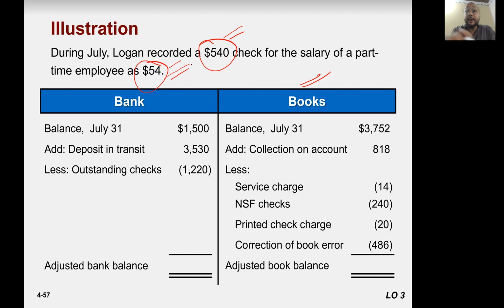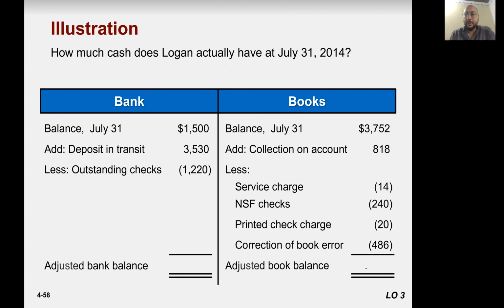So he only deducted 54 previously from the cash book. It means he further needs to deduct 486, so that the total amount is 540. That's why we are deducting it. All right, so if you add it up, the balance is 3810, 3810.